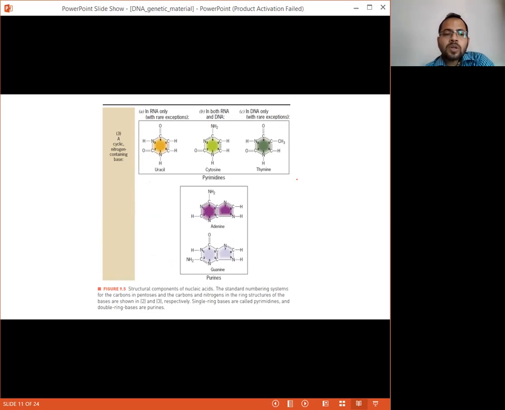What are the components of DNA and RNA, particularly in terms of uracil and thymine? What is the difference? And the structure of purines and pyrimidines: a single ring structure, and a fused ring structure for purine.